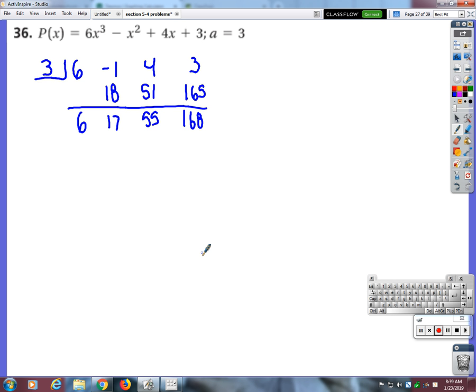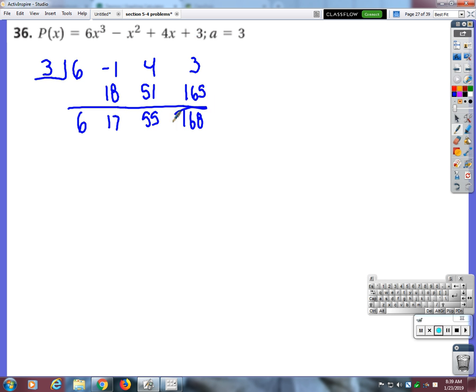What did these questions ask you to do? Figure out P of A, right. So that's a fancy math way of saying use synthetic division to figure out what you would get if you plug 3 in for the x's here.